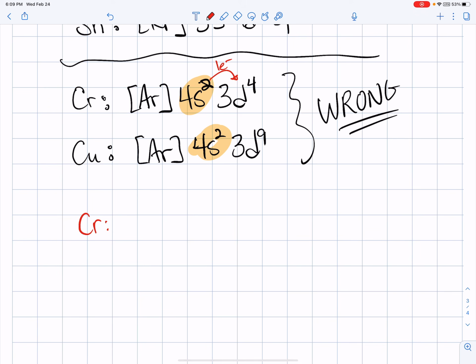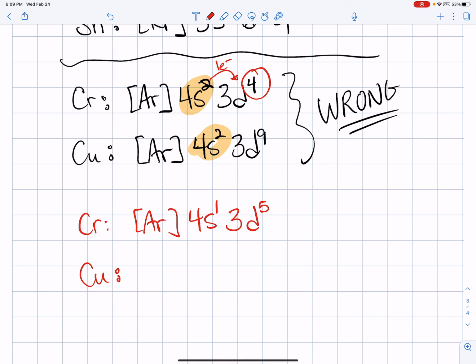So chromium is actually 4s1. It lost one of those two electrons from the 4s sublevel. Where did it go? It went into the 3d sublevel. It moved up a little tiny step on our staircase. So instead of 3d4 like we thought, it's going to be 3d5 instead. The same thing happens to copper.